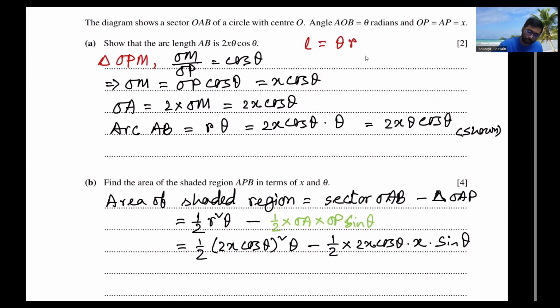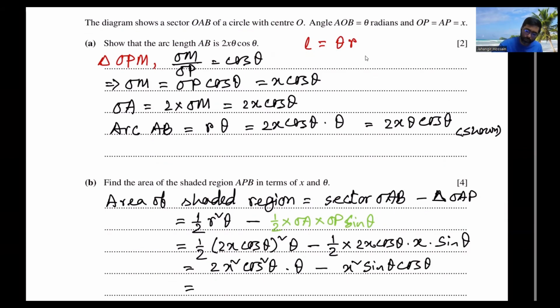So we have 2x square cos square theta into theta, and here we have x square sin theta cos theta.